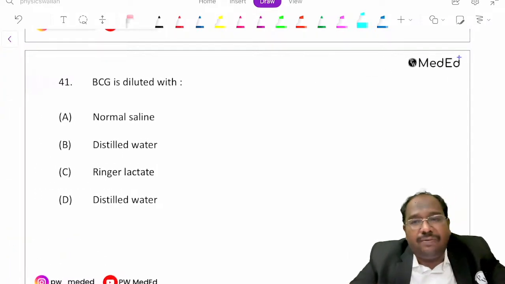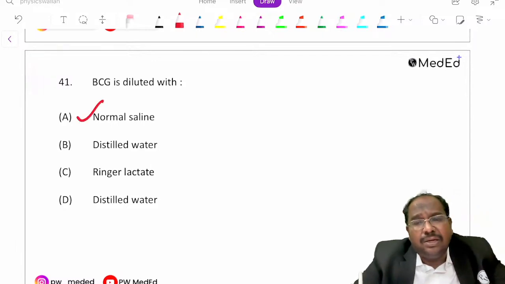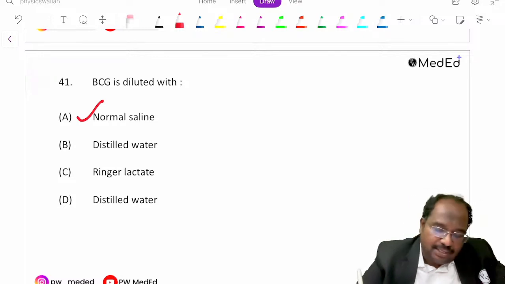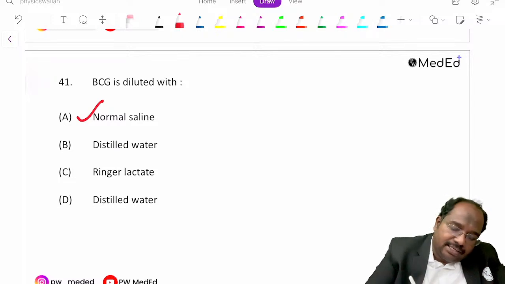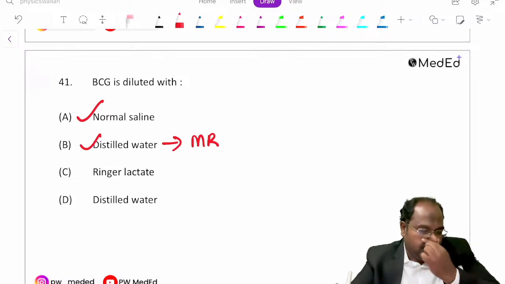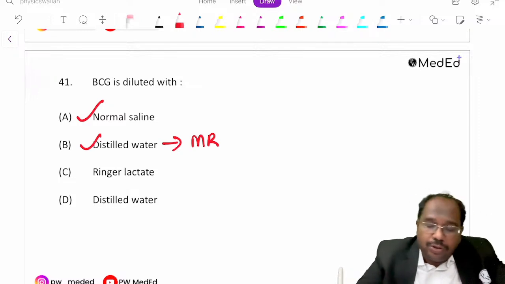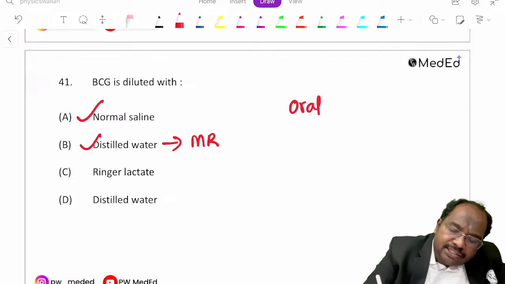BCG is diluted with what? BCG comes in powdered form. The answer is normal saline. Distilled water is used for the MR vaccine. Now, orally, what vaccines do we give?